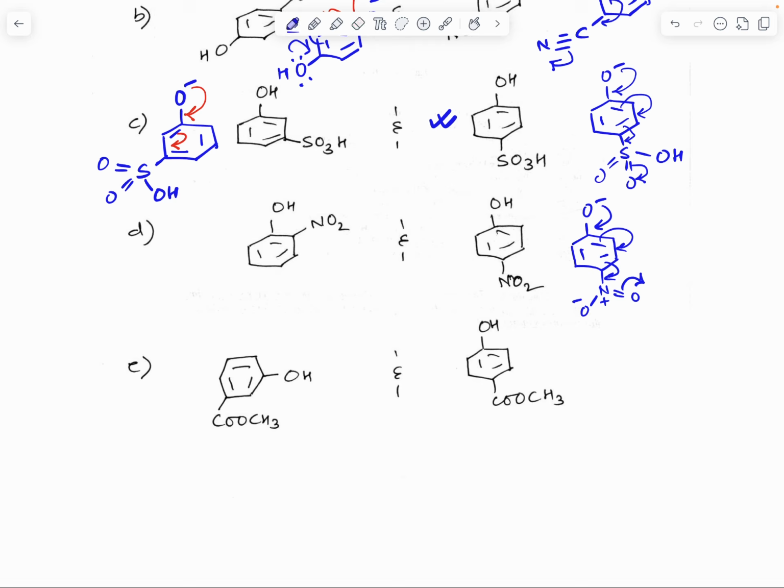If I draw the conjugate base for this one, there it is, and then you have NO2 with O minus and N plus. That can go there, that can go there, and that can go up. So if you compare the effect out here with this here, it's not very different, right? The NO2 is still withdrawing.